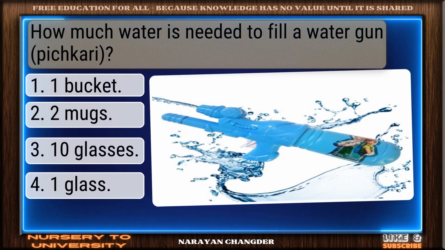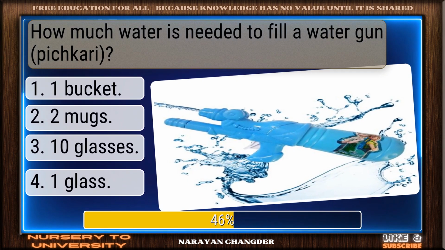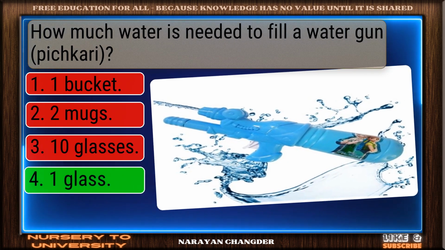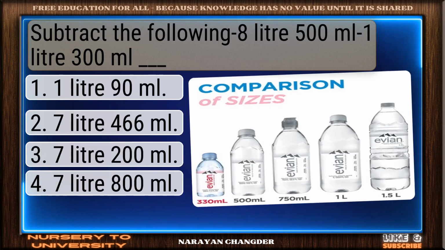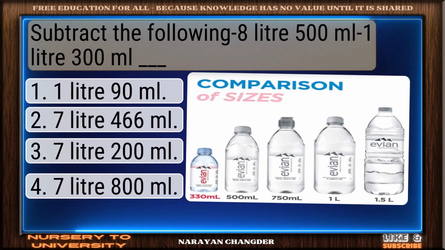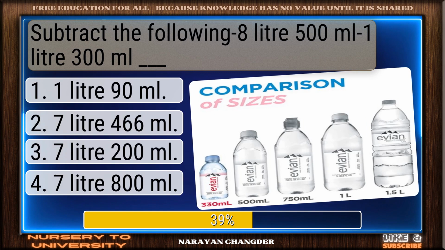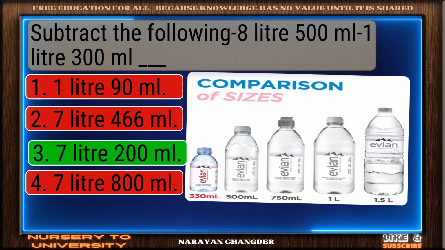How much water is needed to fill a water gun? Nice work. You chose 1 glass and it is correct. Subtract the following: 8 liter 500 ml, 1 liter 300 ml dash. Correct. 7 liter 200 ml is the right answer.